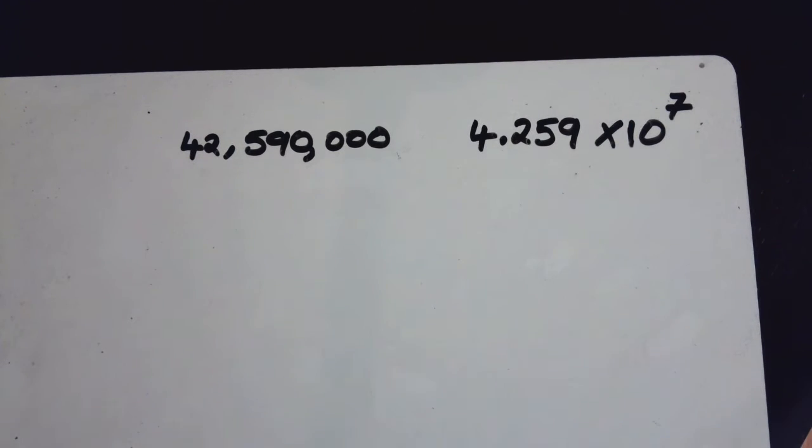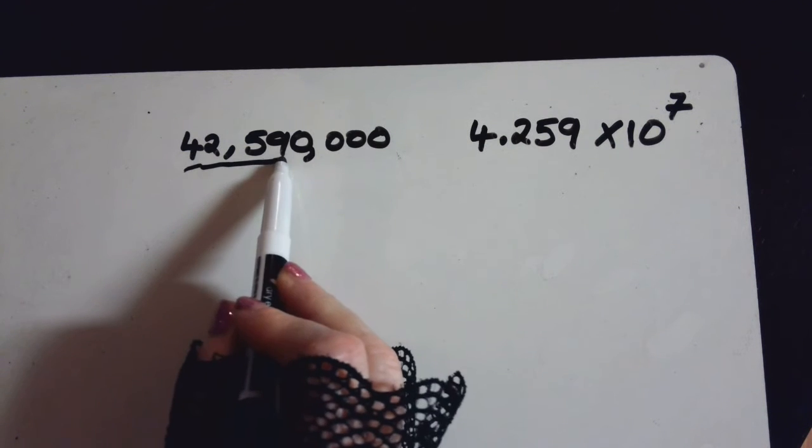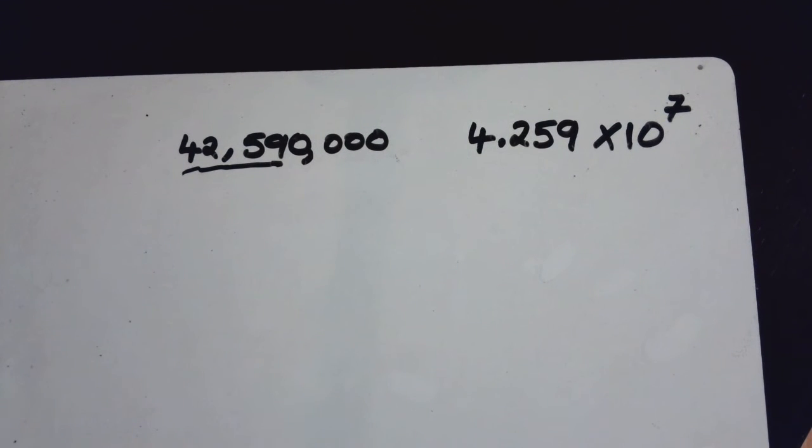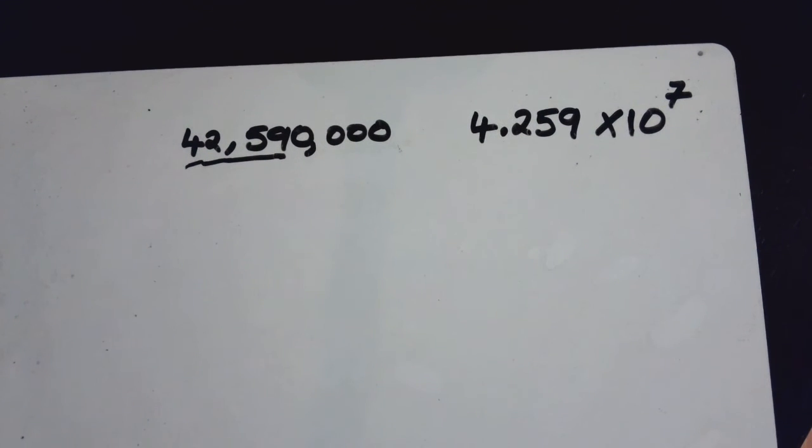So 4.259 times 10 to the 7th. So you always have to write any number that's not 0 out fully. And then knowing where the decimal is, just remember it has to be greater than 1, less than 10. So 9.9 would work. As soon as it reaches 10, it's too large.